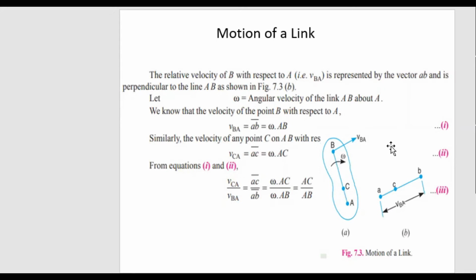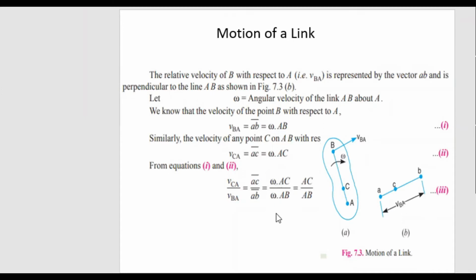From these two equations, we can go for a general equation to find the arbitrary velocities. From equation 1 and 2, VCA by VBA, equation 2 divided by equation 1, equals AC bar upon AB bar, which equals omega AC upon omega AB.